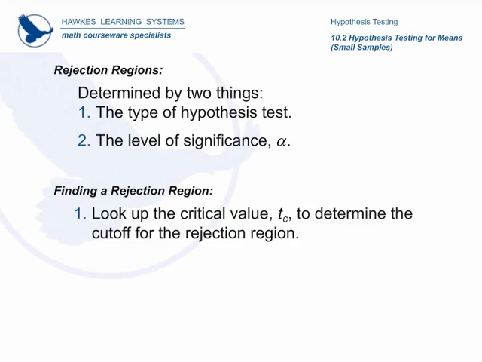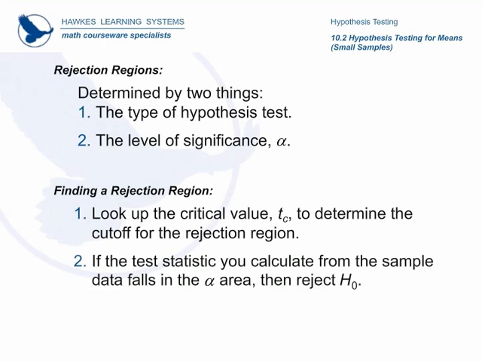Finding the rejection region, we want to look up the critical value, our T sub C, on our T distribution table, and we do that to determine the cutoff for the rejection region. Next, if the test statistic you calculate from the sample data falls in the level of significance, or alpha area, then reject the null hypothesis.